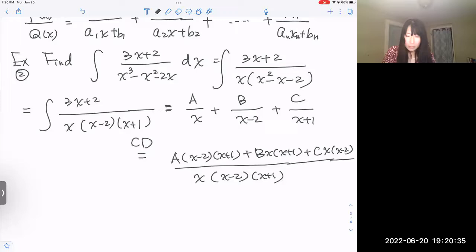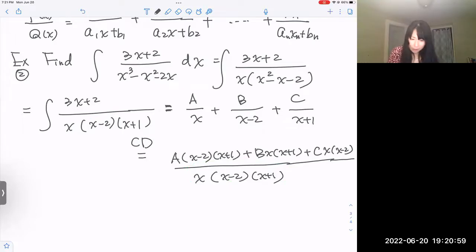All right. Now we say that this fraction equals this fraction, right? Since the denominator is exactly the same as this denominator, we can say that only numerator equals numerator.